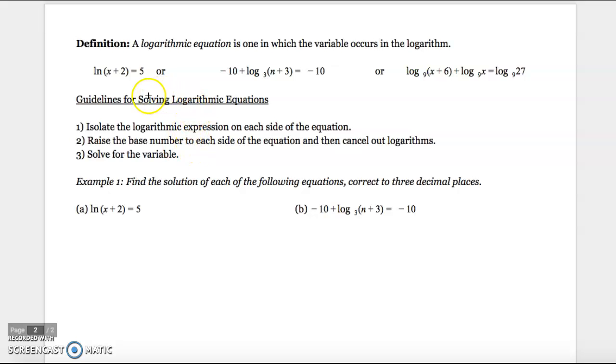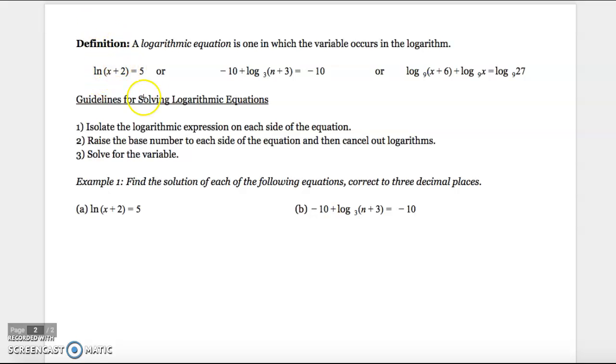There are some guidelines for solving logarithmic equations, similarly to how we solve exponential equations. First thing you have to do is get the logarithmic expression isolated. For example, in the first one, my logarithm of x plus 2 is by itself on this side. I'm not multiplying it by 2 or dividing it by 5 or anything like that.